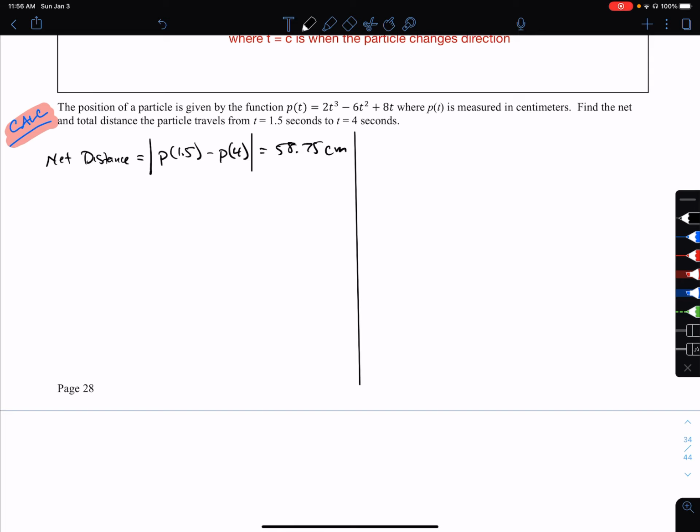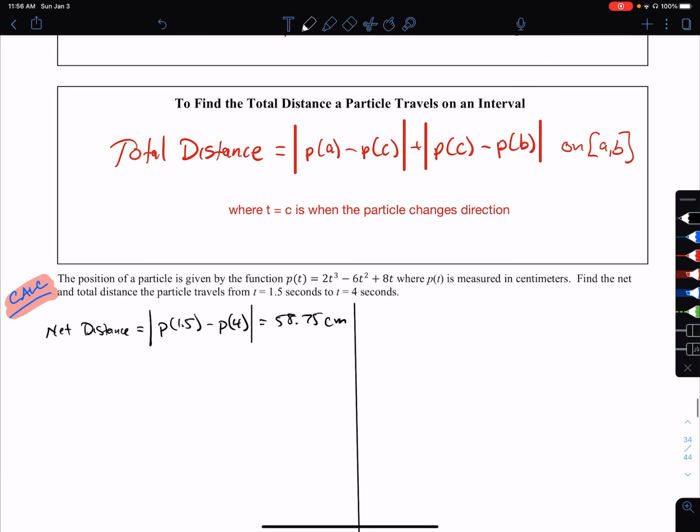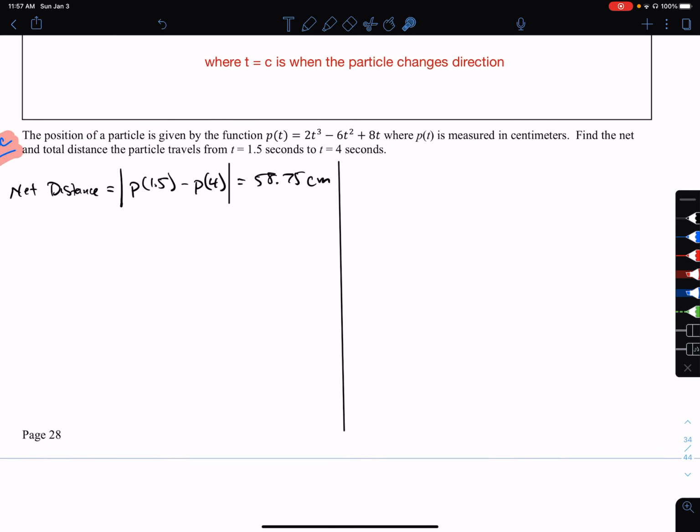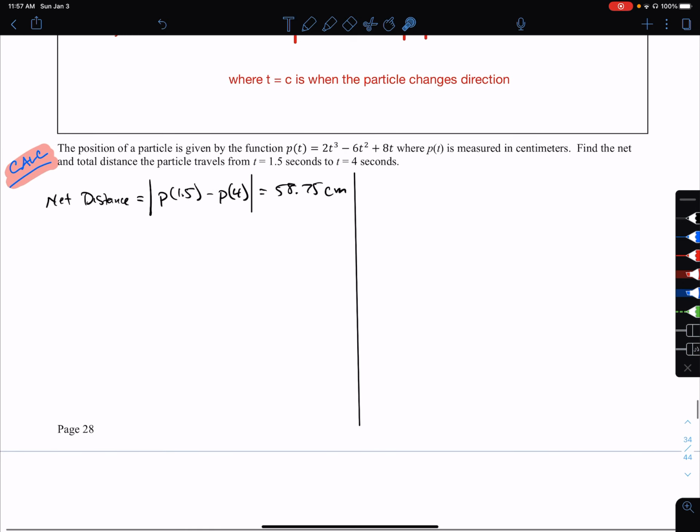Our total distance is much more complicated, because every time this particle changes direction, we need to have another absolute value here. So in order for us to figure this out, we've got to figure out, does the particle change direction?